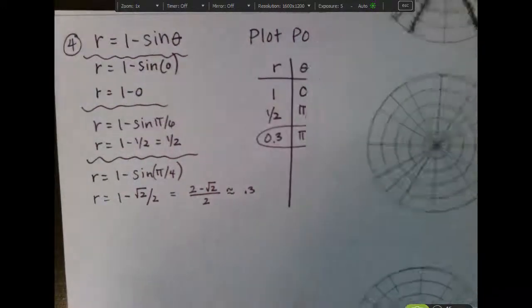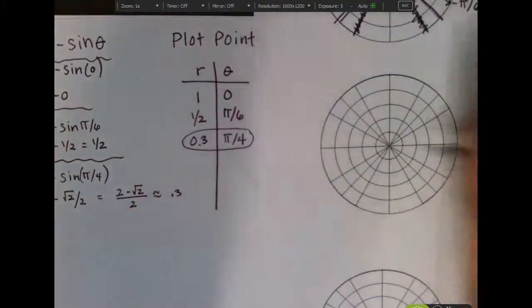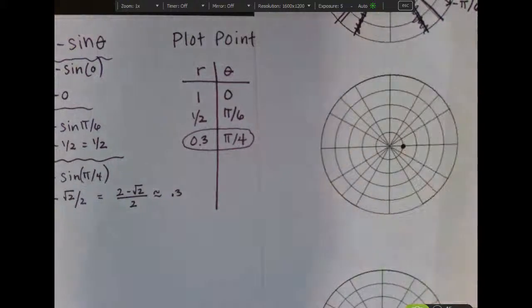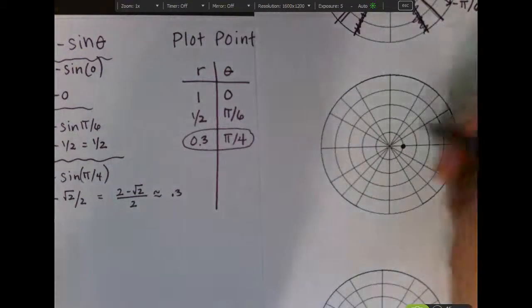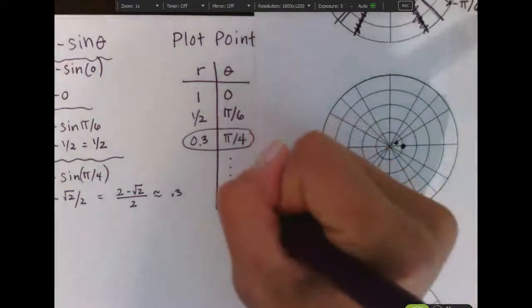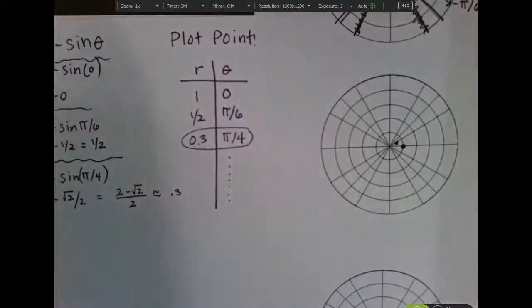So anyway, you would take your polar grid and you'd start plotting some points. At theta equals 0, r equals 1. At theta equals pi over 6, r equals 1/2. Certainly not enough points for me to see the entire graph. But to keep the video short, I'll just say you would continue, you'd plot more points, and you'd get a graph.